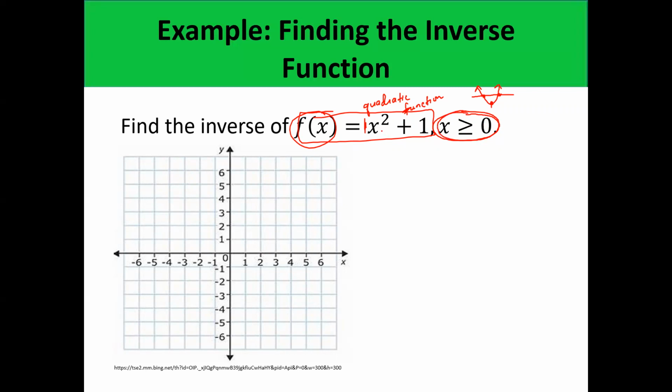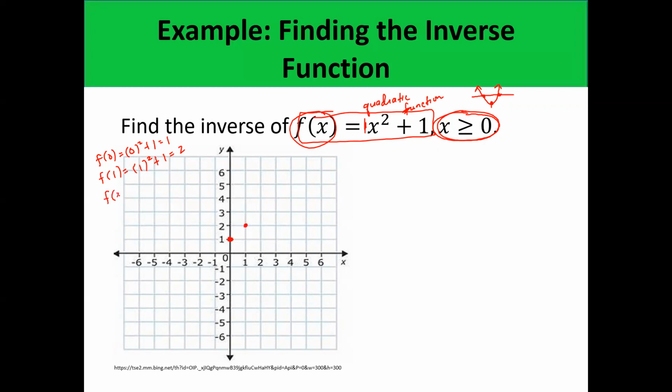Okay, let's try. If x is 0, the value of f of 0 will be 0 squared plus 1. So that's going to be 1. Which means 0 comma 1 is a point on this function. Now, if we use f of 1, still 1 is greater than or equal to 0. That's going to be 1 squared plus 1, which is 2. So we have the point 1 comma 2.